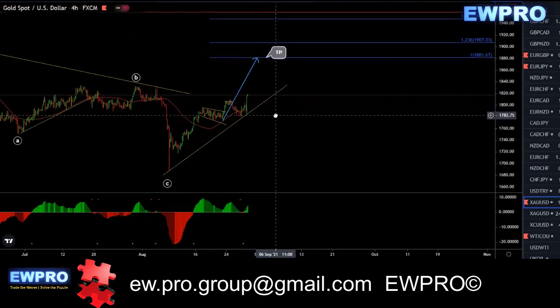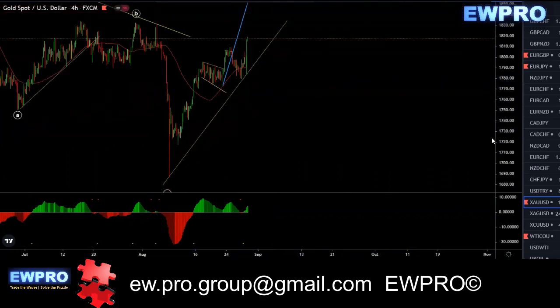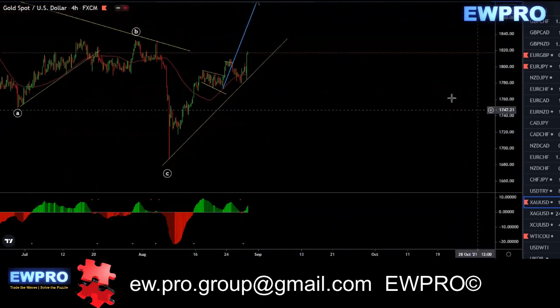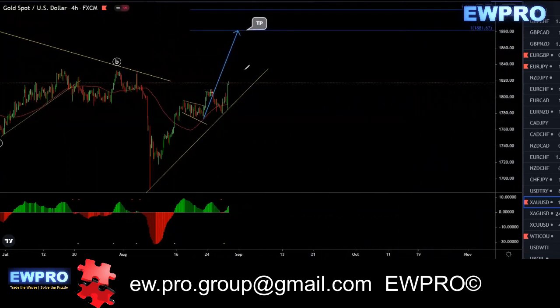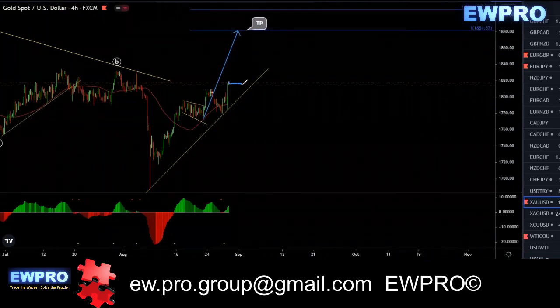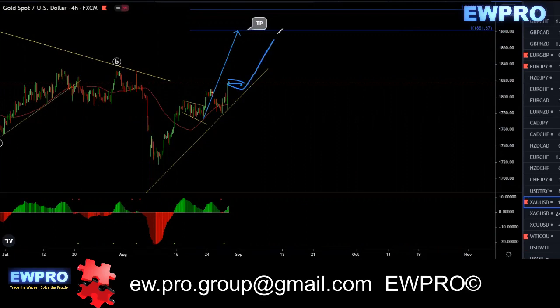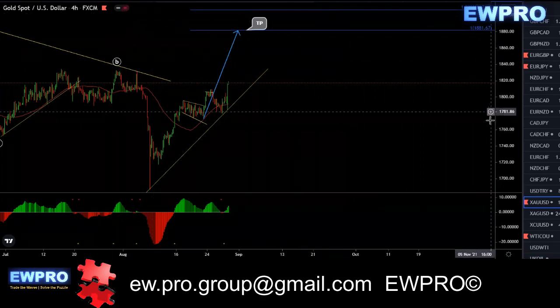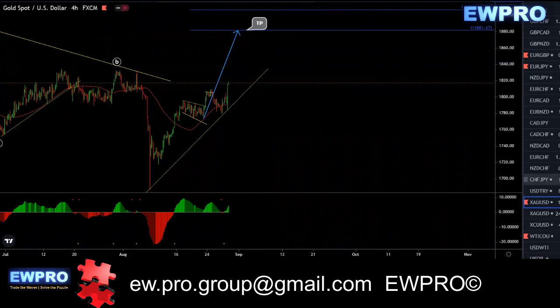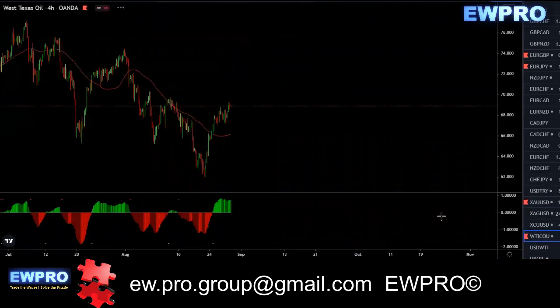So any bullish setup you get, while this trend line here holds, look for that buy. Here's your 100 fib, the first target. But yeah, look for the buys while that trend line there holds.